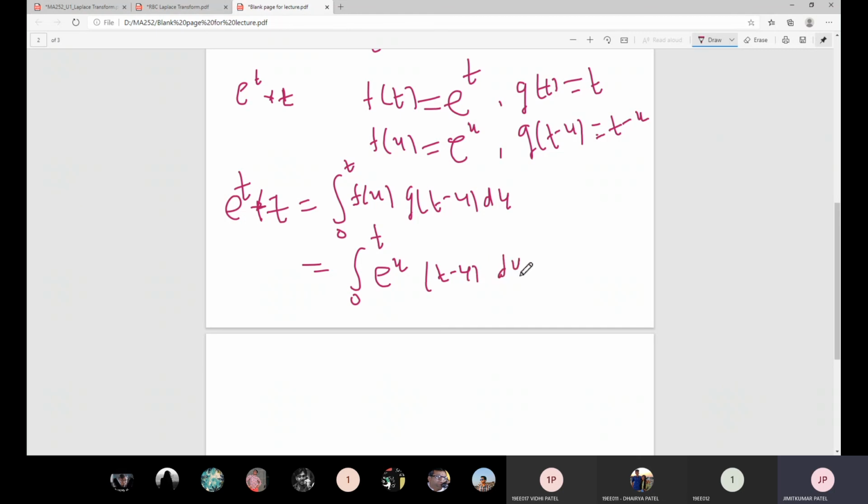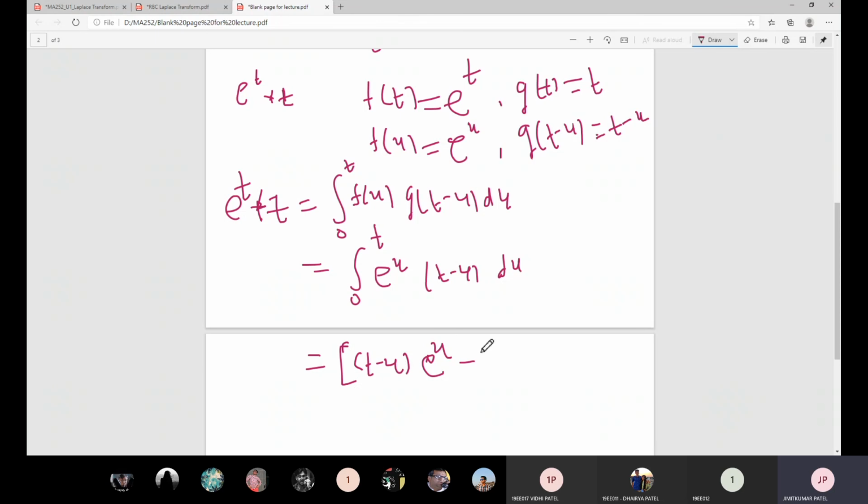Now we can use the product rule here. What is our u? t minus u here. So t minus u, we will use the extension version: t minus u as it is, times the integration of e raised to u, which is e raised to u, minus the derivative of t minus u with respect to u.